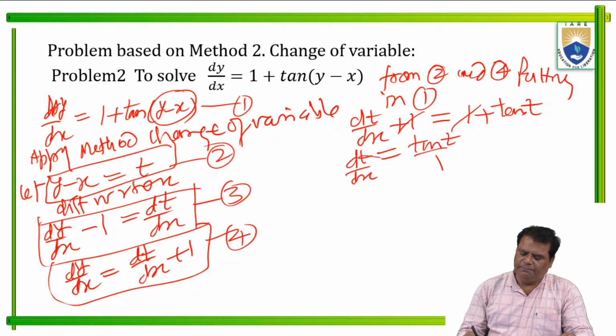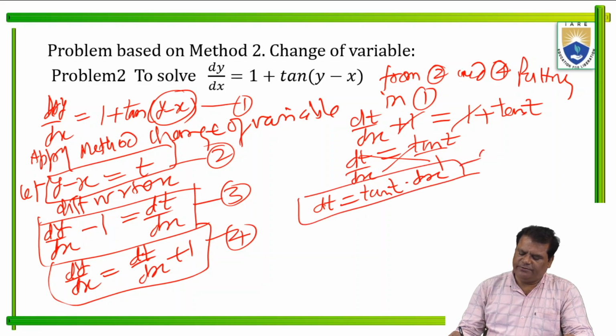Now cross multiplying, dt is equal to tan t into dx. This is equation number 5.